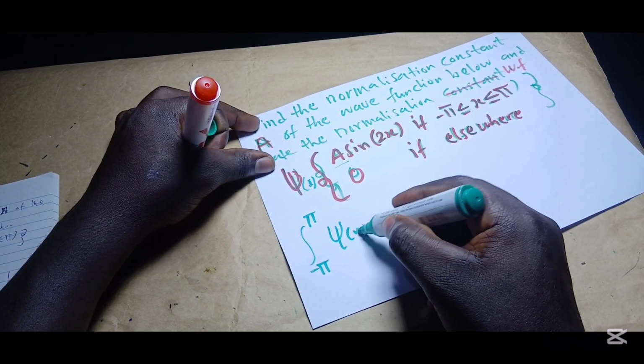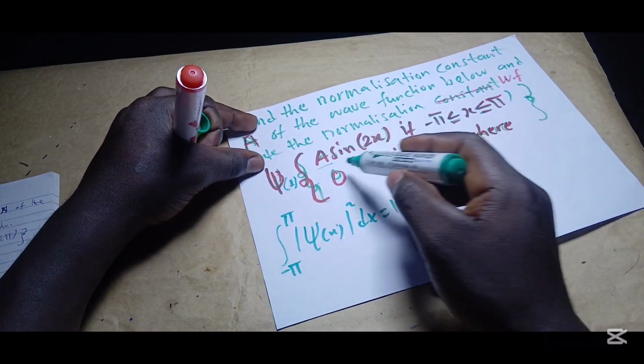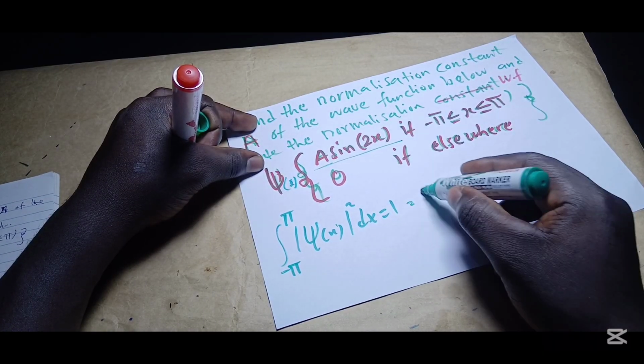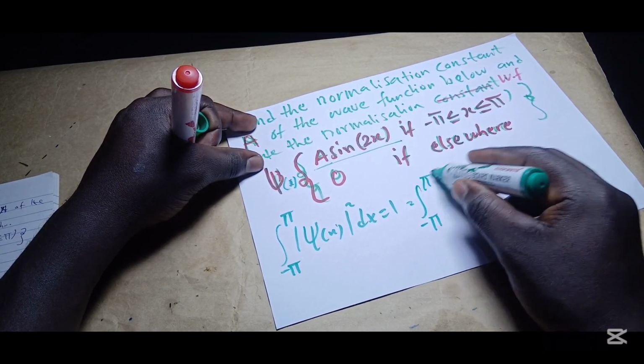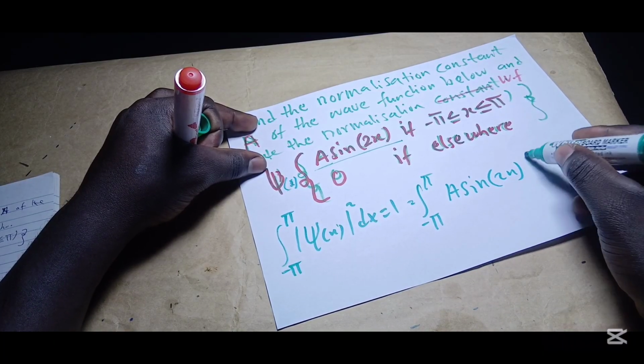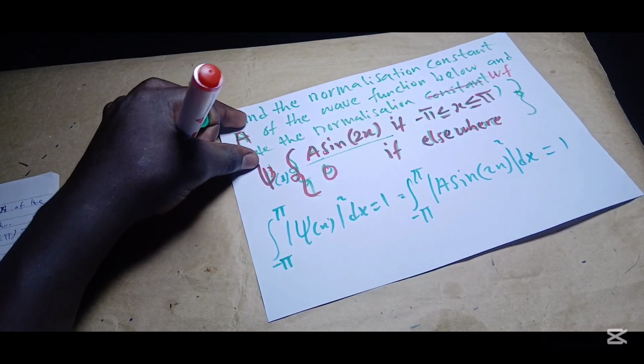The integral of the absolute square of psi of x dx equals 1, and our psi of x is this term here. So this gives us the integral from negative pi to positive pi of the absolute square of A sine 2x dx equal 1.